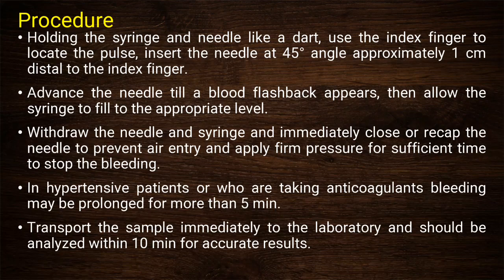Procedure for collection of blood from artery. Holding the syringe and needle like a dart, use the index finger to locate the pulse of the radial artery and then insert the needle at a 45 degree angle approximately 1 centimeter distal to the index finger used to locate the pulse.